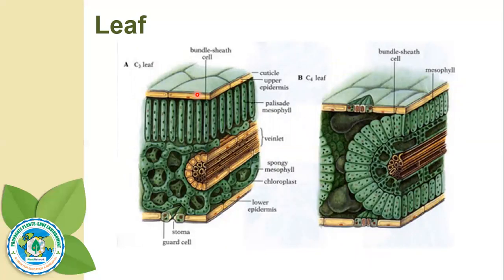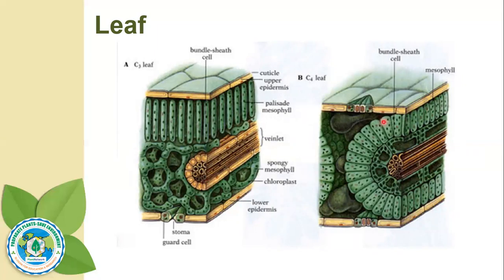This slide shows the C3 as well as the C4 internal structure of the leaf. This photograph shows the bundle sheath that is present in the C3 leaves, which is non-photosynthetic, or doesn't have chloroplast.